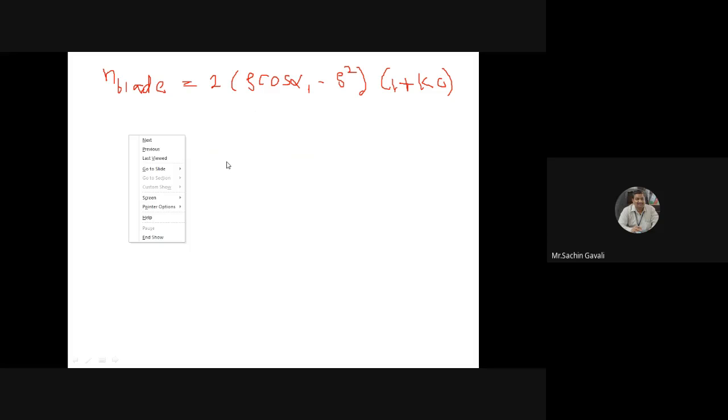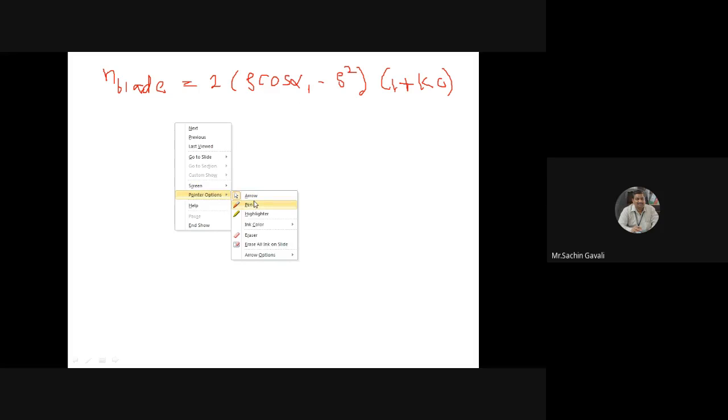Now if you see what happens, this blade efficiency depends on this alpha 1 angle, then rho, then k and c. It is k, c and this blade angle, they are constants related to blade parameters. It depends on the manufacturing. So therefore this blade efficiency depends only on rho.